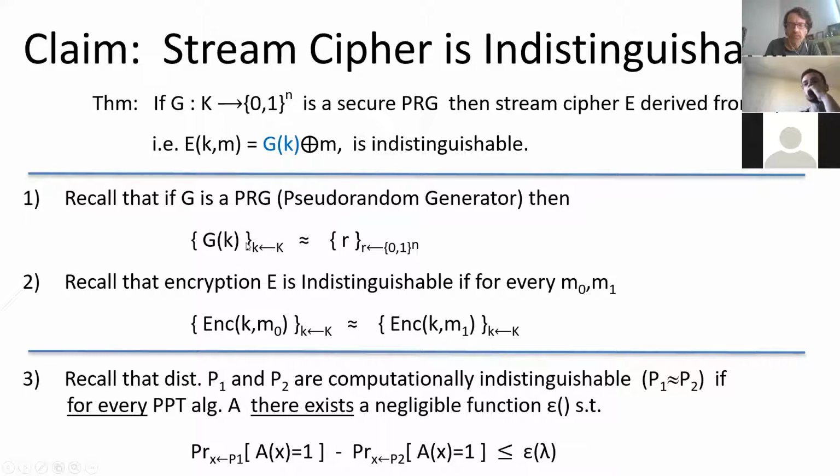In other words, that PRG outputs are computationally indistinguishable from random strings. And our goal is to prove that this encryption has this property. So no matter what M0, M1 are, if I compare the distribution of random encryption of M0 with the distribution of M1, they will be indistinguishable. And here is the unwrapping of the indistinguishability notion.